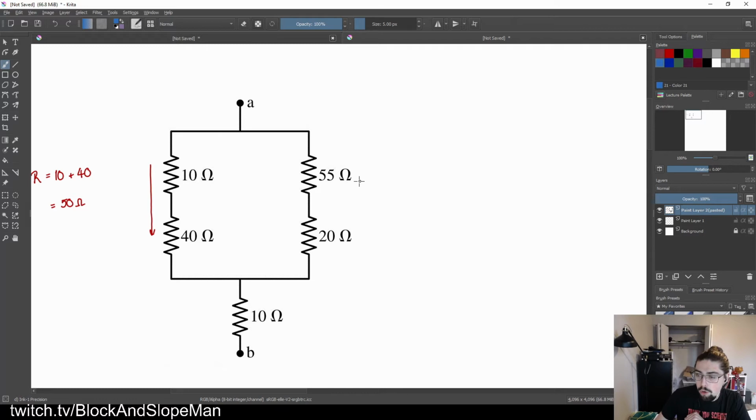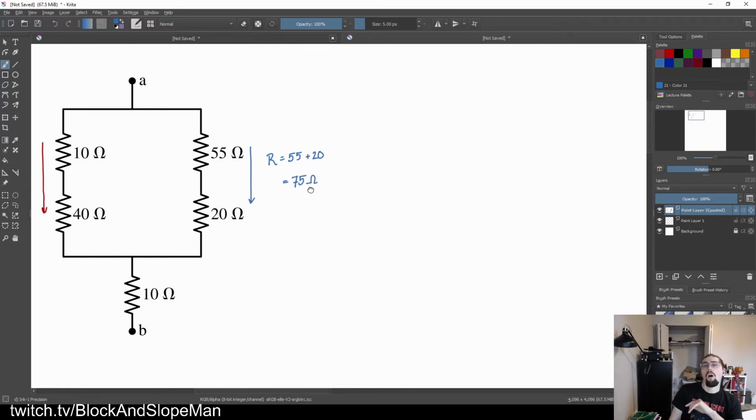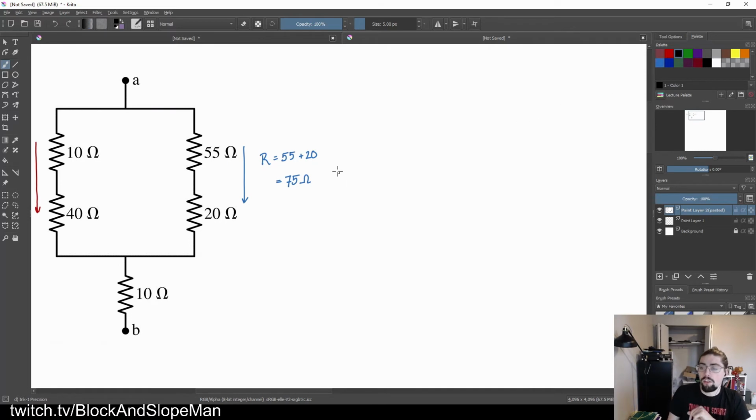Along the blue path, resistance is going to be 55 plus 20. Total of 75 ohms.